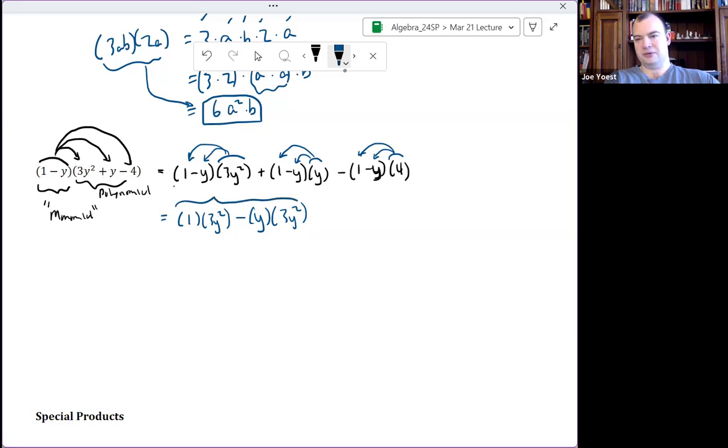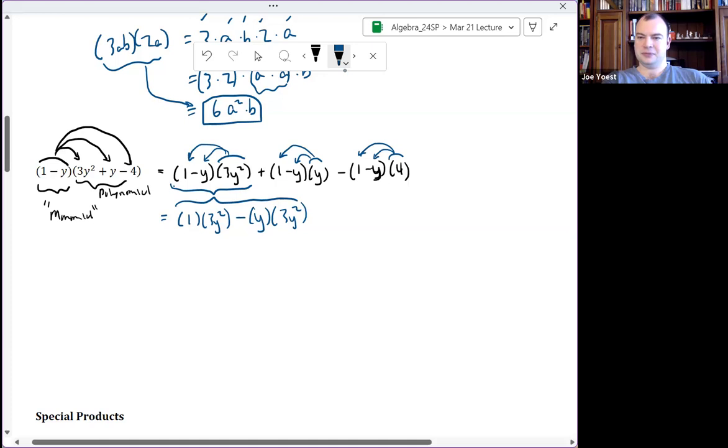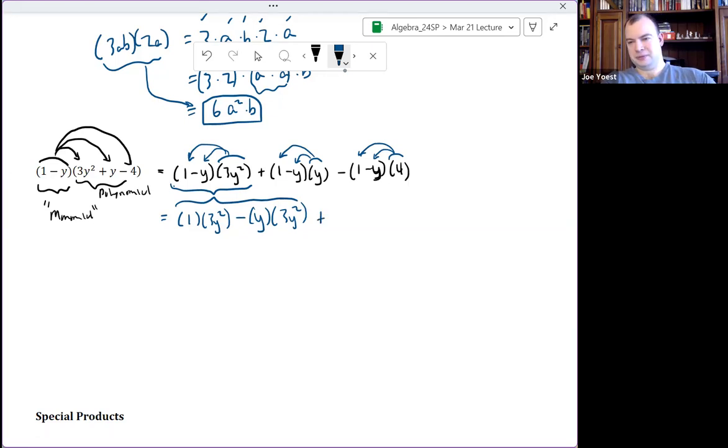So that all came from that bit. My second distributive property, plus 1 times y, and then I get minus y times y. So this stuff came from that middle term up above.